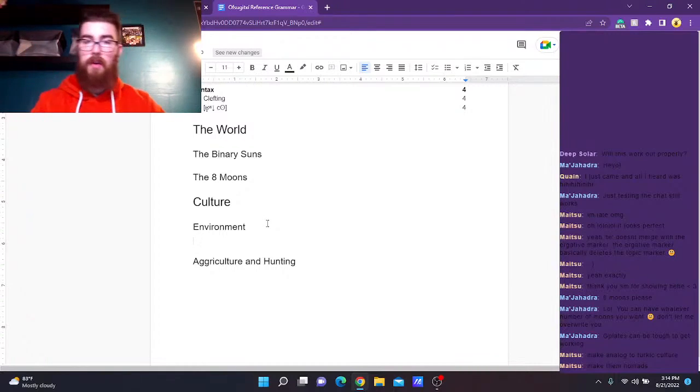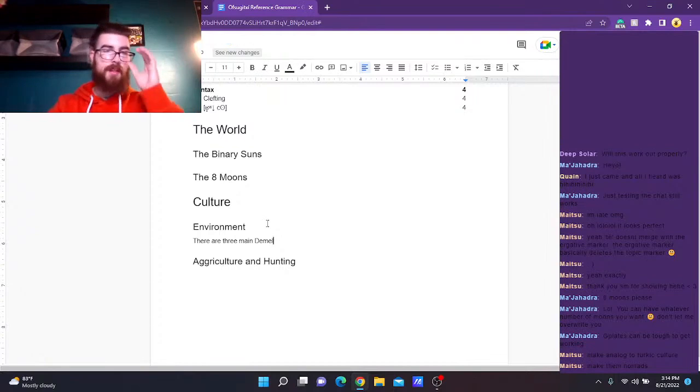Okay, so our 3 main settlements. I'm just gonna go with Demel. I'm just gonna say that's their name because that's the word for person in Alfugitri. Do we want them to be around the hottest part of the world, or do we want them to be around a cooler part of the world?